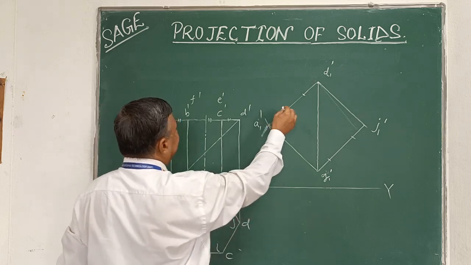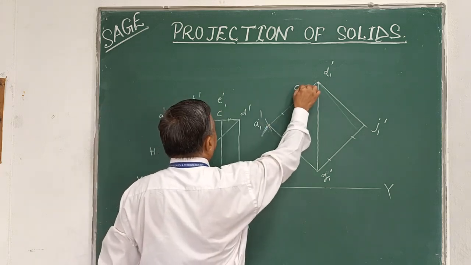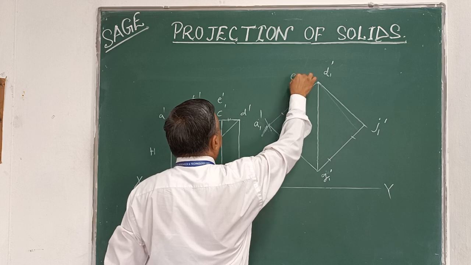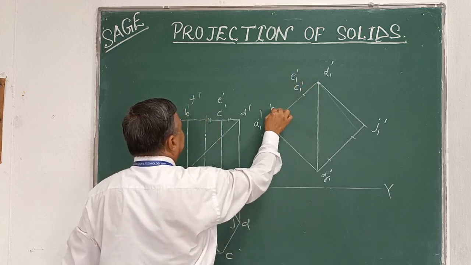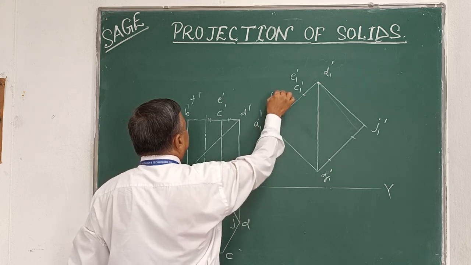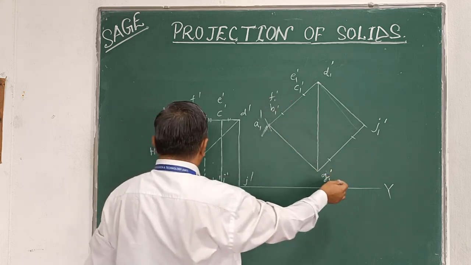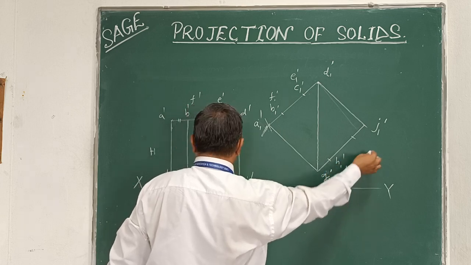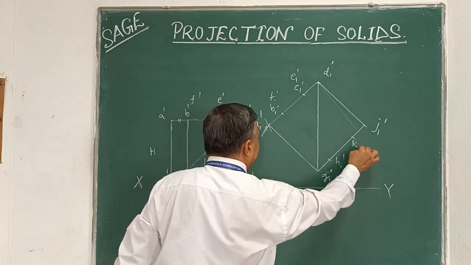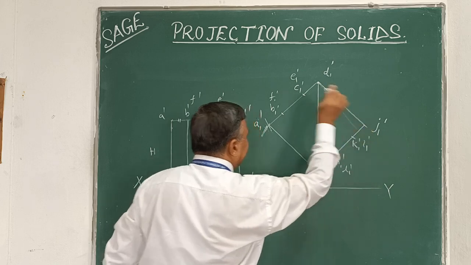So this point is C1 dash and E1 dash, and this point is B1 dash and F1 dash, like this. This point is H1 dash, L1 dash, and this point is K1 dash, I1 dash.